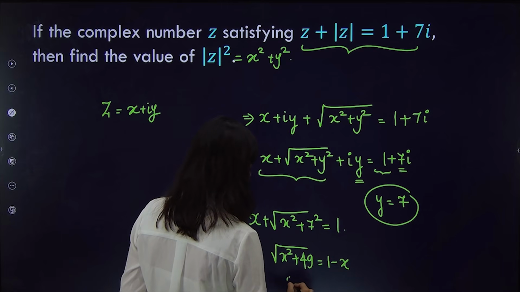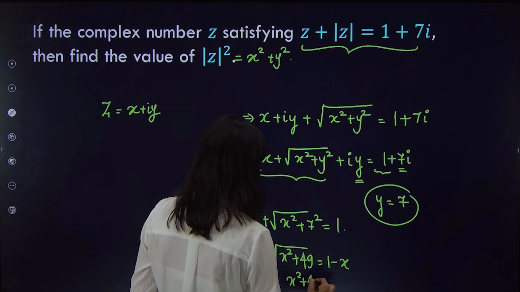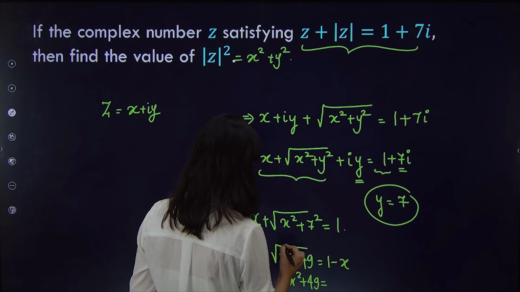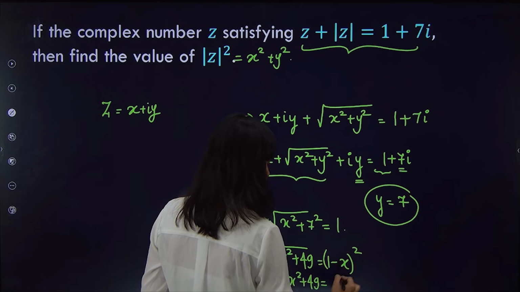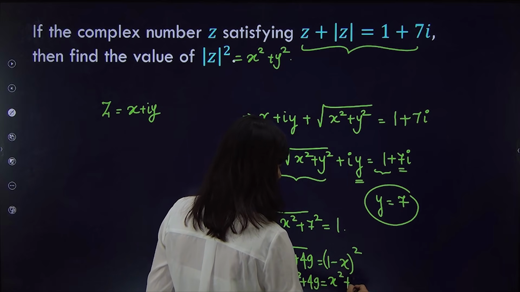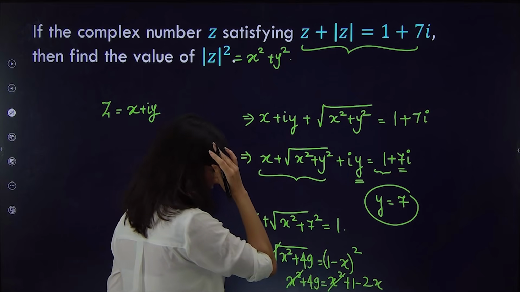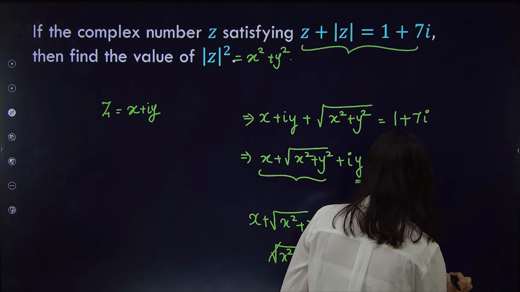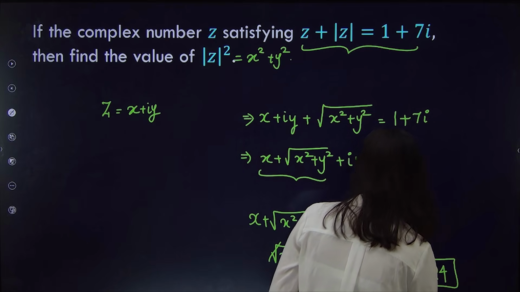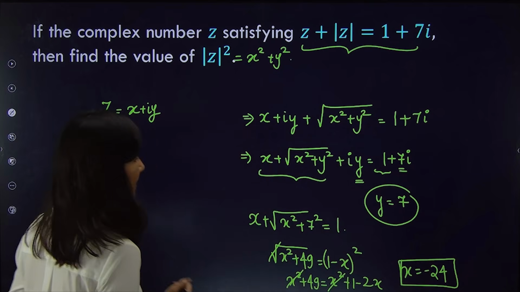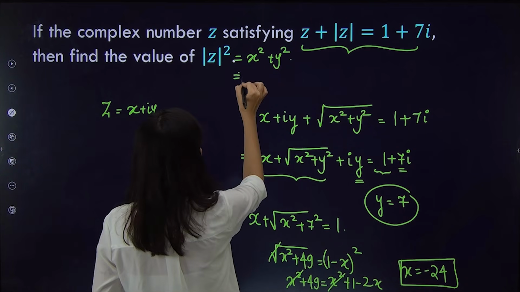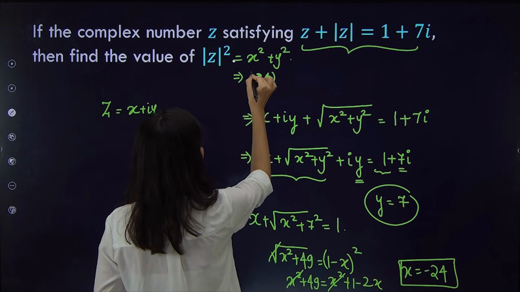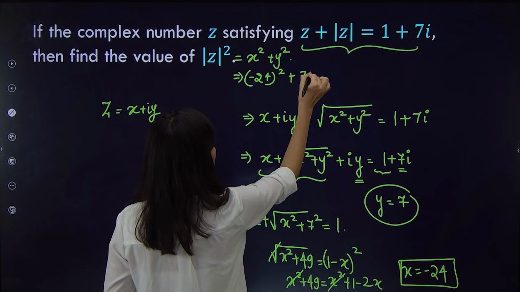Squaring both the sides, x square plus 49 equals x square plus 1 minus 2x. Clearly x square cancels. So x will be minus 24. So now you have got x and y, this is minus 24 square, this is 7 square.